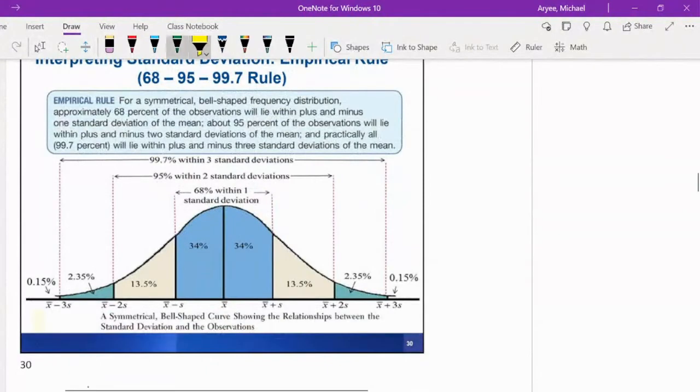So number one, I've indicated to you that the empirical rule is only for bell-shaped distributions.